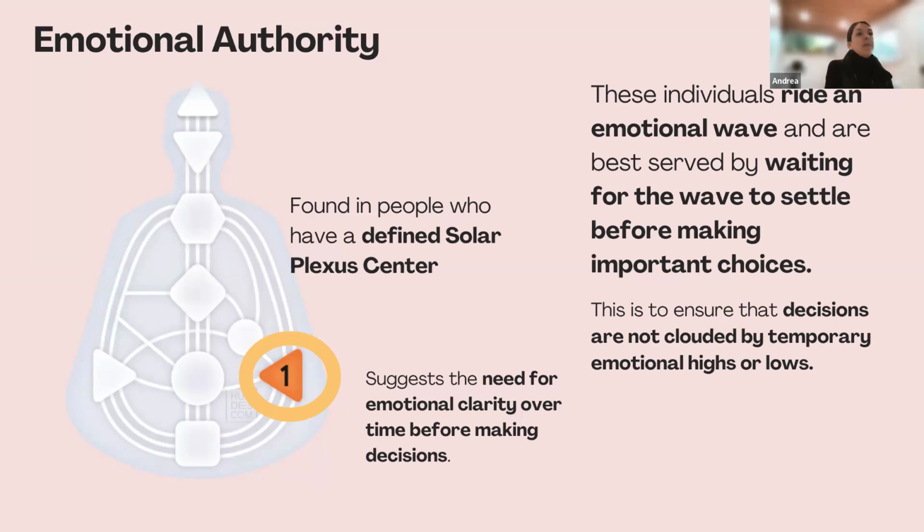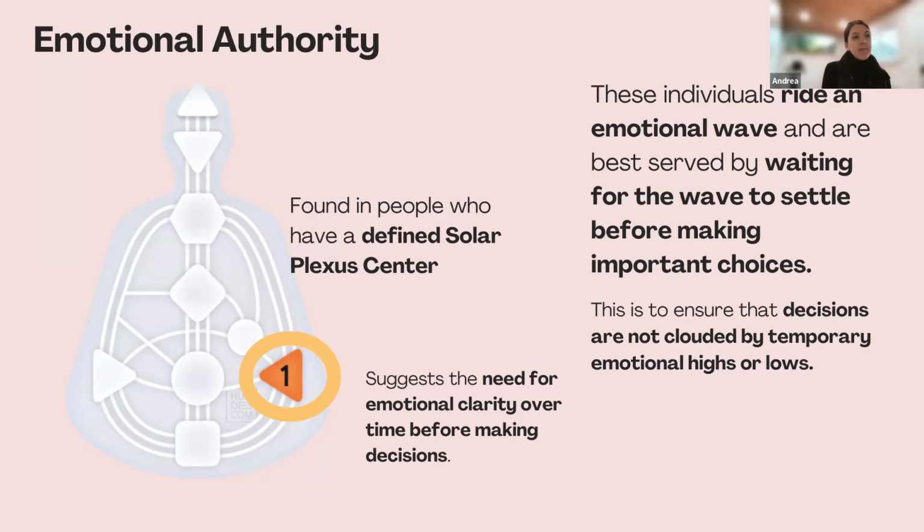People that have a defined solar plexus are usually going to be manifesting generators or generators. Actually, sorry, I'll take that back, because I think it could be others too. What I meant to say is that if someone has a defined solar plexus, this center that I've circled here, then they are automatically going to have emotional authority.